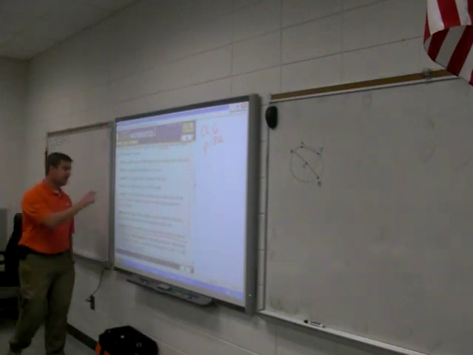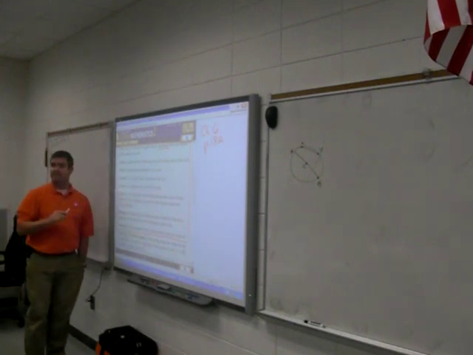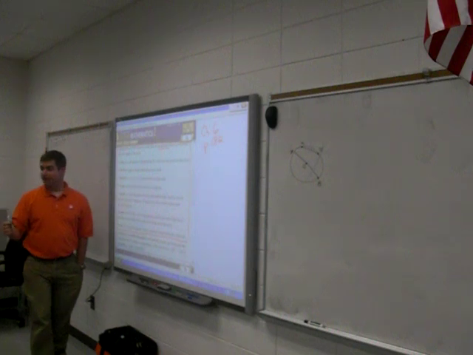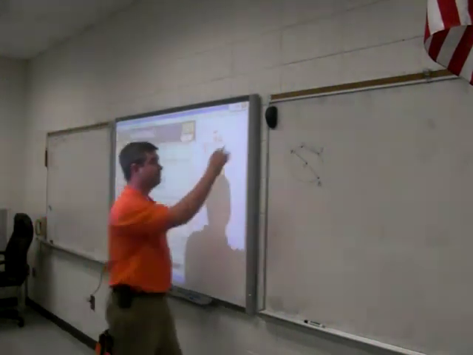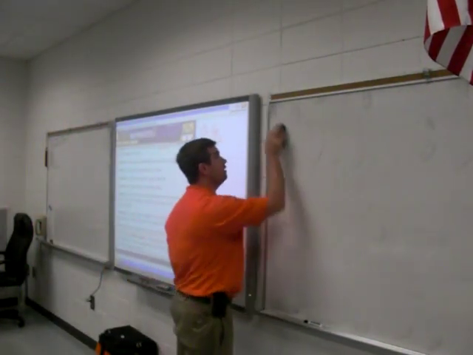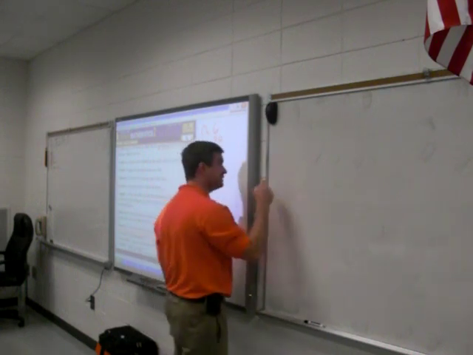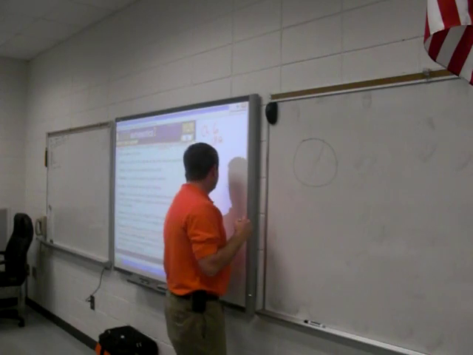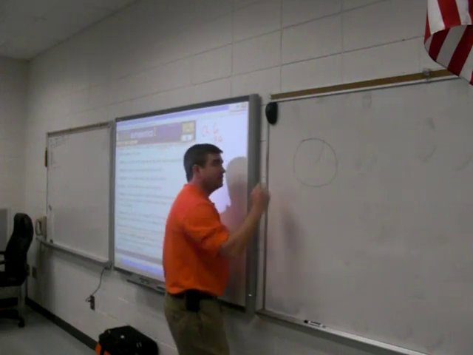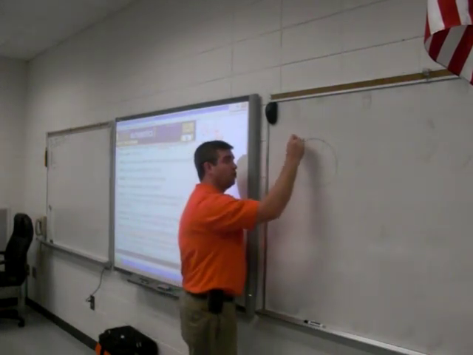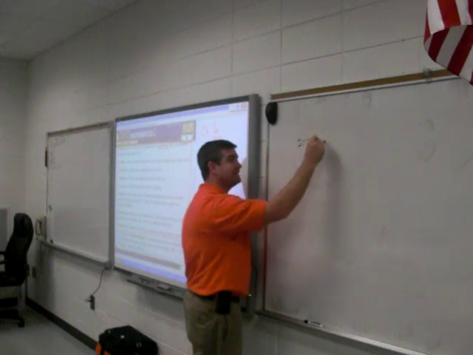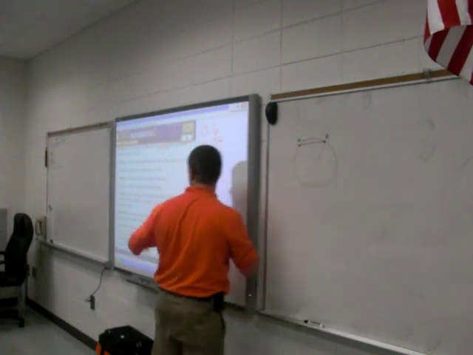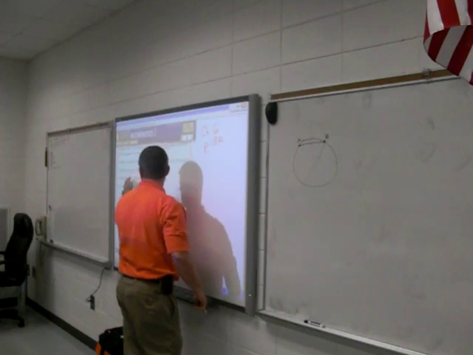Okay? Then that brings us to our next one, which is secant. Secant is probably brand new for you. Here we go. Here is a chord AB. Notice the definition says that a chord right here is a segment.